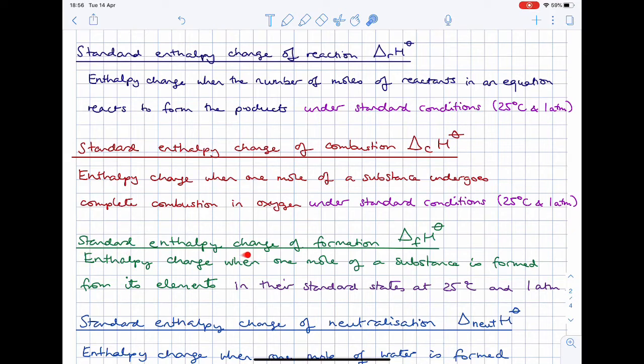Standard enthalpy formation or standard enthalpy change of formation is the enthalpy change when 1 mole of a substance is formed from its elements in their standard states at 25 degrees C, 1 atmosphere. So what we mean by in their standard state is that if we look at the enthalpy change of formation of water, water is formed from its elements hydrogen and oxygen.